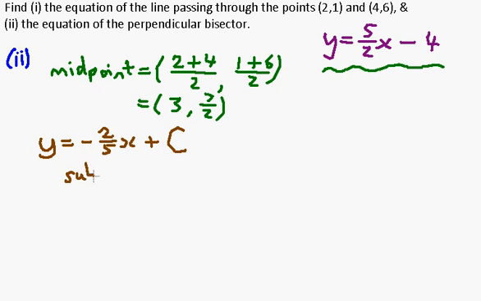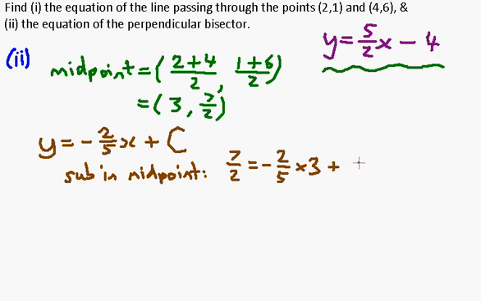So, sub in the midpoint. Our y value is 7 halves, which is equal to minus 2/5 times 3, our x value is 3, plus our capital C, and it is the capital C that we are looking for.